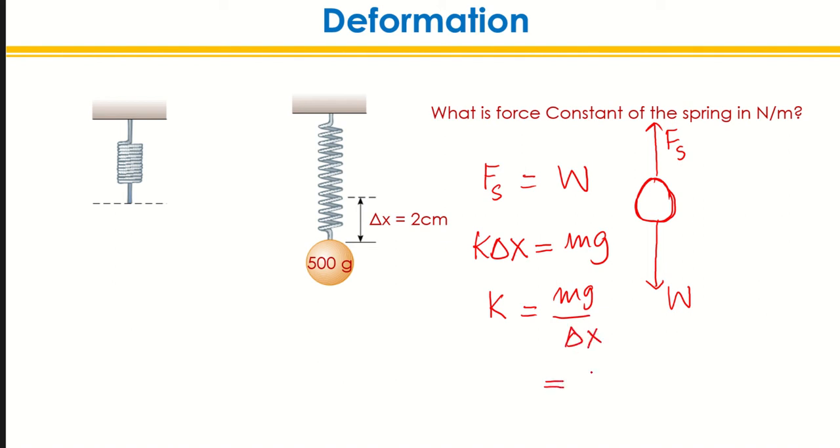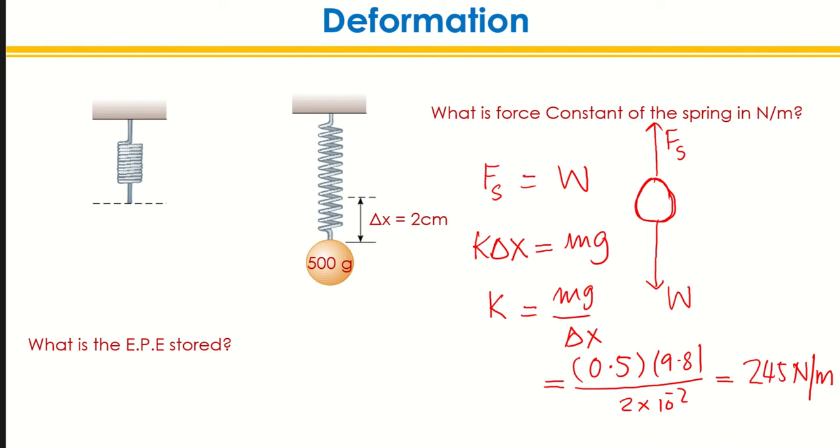M is the mass, which is 0.5 kilogram, g is 9.81, and the extension produced is 2 centimeter, 2 × 10^-2 meter, and we get the value of K as 245 Newton per meter. So it needs 245 Newton of force to produce an extension of 1 meter.